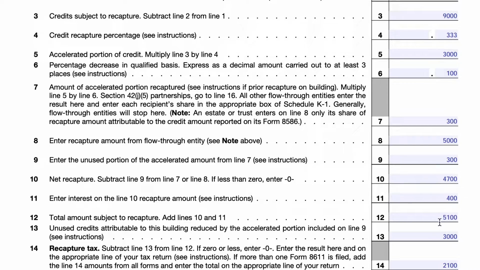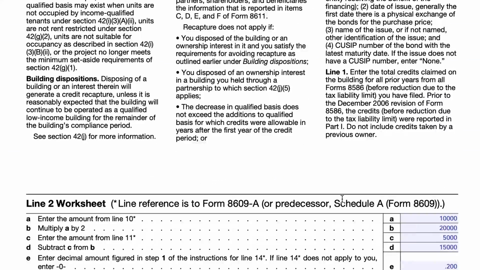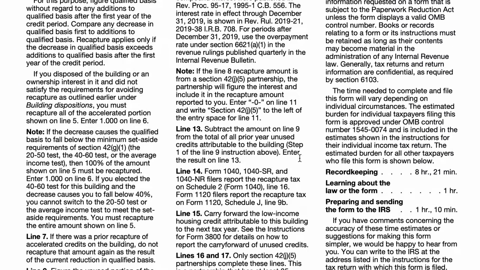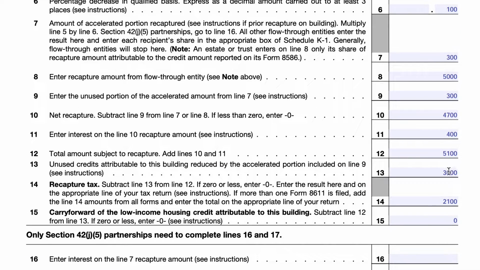There's another set of instructions on how to go through that calculation. So you would subtract the line 9 amount from the total of all prior year unused credits. In this circumstance, we put in $3,000. We would subtract the unused credits from the total recapture amount, and that gives us $2,100.